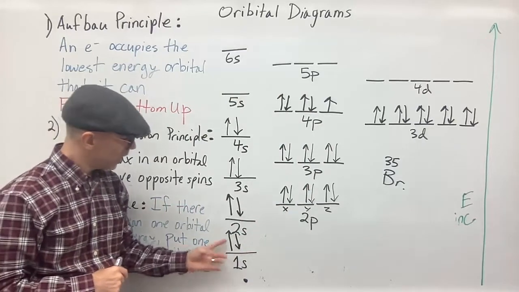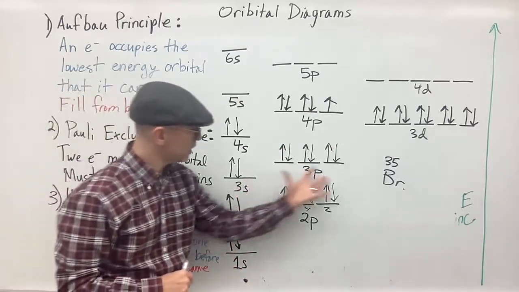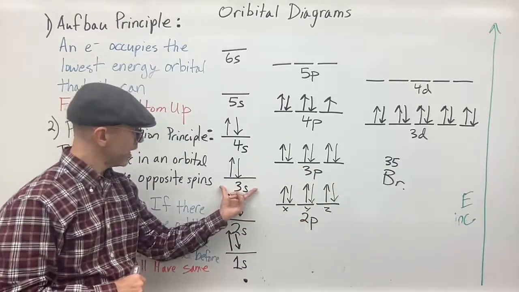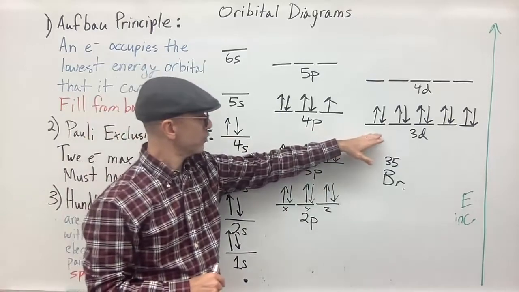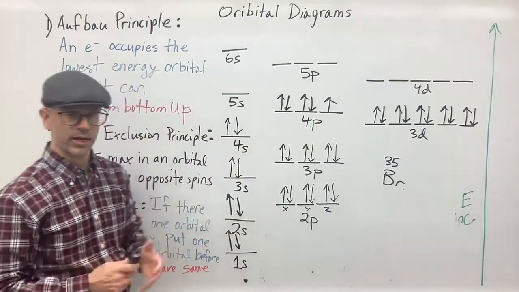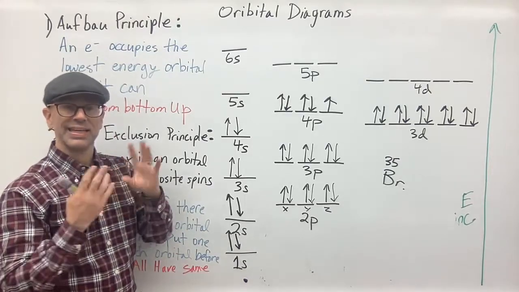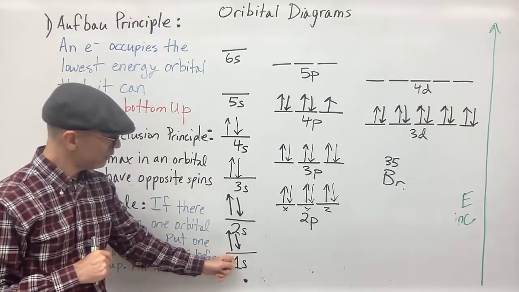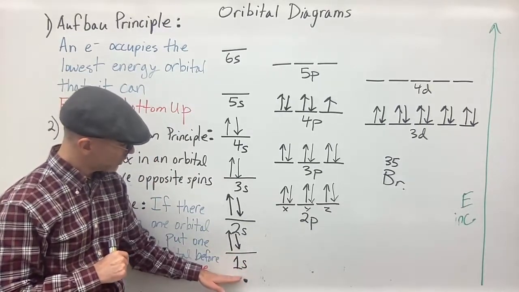We have electrons in the 1s, the 2s, the 2p orbitals, the 3s, the 3p, 4s, 3d, and 4p. Now there's a couple of things I want to point out here. We said that there could be 2 electrons in each orbital. So each line, remember, is an orbital, and the 1s is the lowest.